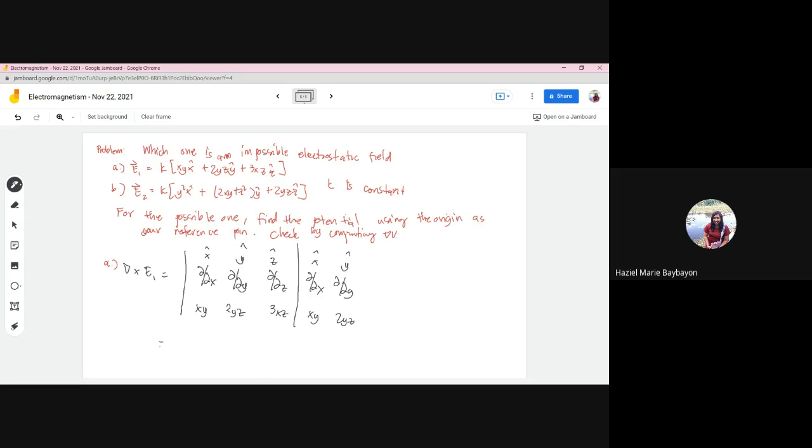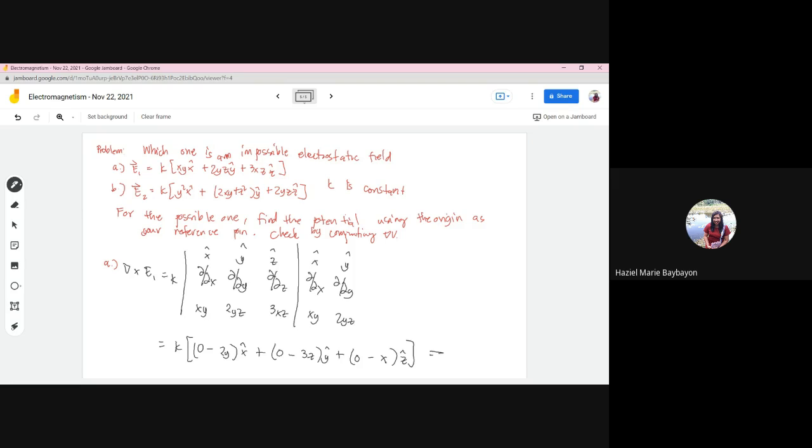Okay, so this is equal to, take note that K is a constant, we have 0 minus, differentiating with respect to z, 2y, x hat, plus 0 minus differentiating with respect to x, 3z, y hat, plus 0 minus differentiating with respect to y, x, z hat.